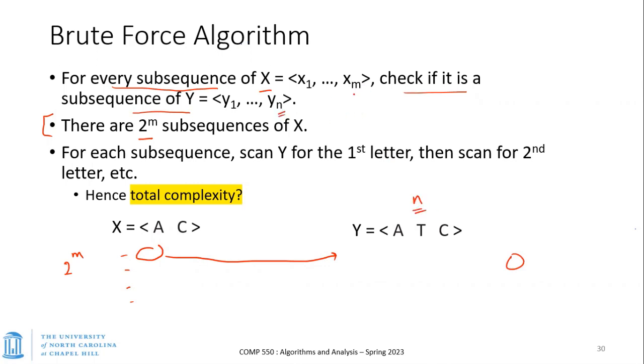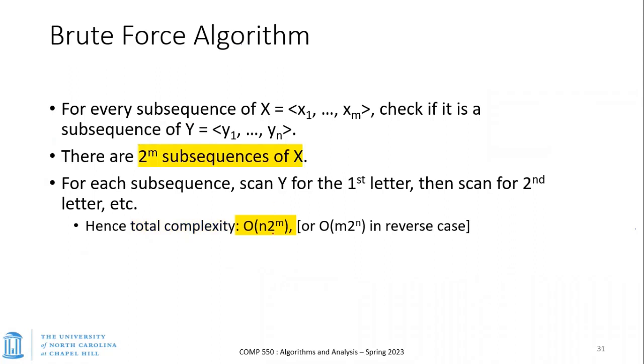This is N and this is M. So there are N comparisons. Why is that? Because, for example, if you're doing AC, then you have to compare A to A, that's one comparison. Then you have to compare C with T, and then you have to compare C with C, okay? So as you can see, you have to compare N times, okay? So the total number of comparisons is clearly N times 2 to the power M.